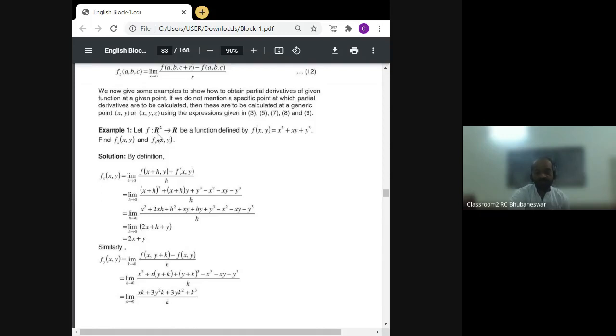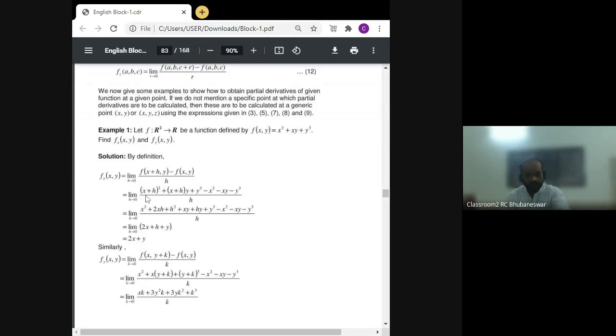Here f is a function defined from R square to R, and the function is a polynomial in the variables x square plus xy plus y cube. We have to calculate f sub x, the partial derivative with respect to x, and the partial derivative with respect to y. According to the definition, we can write x plus h comma y and xy.